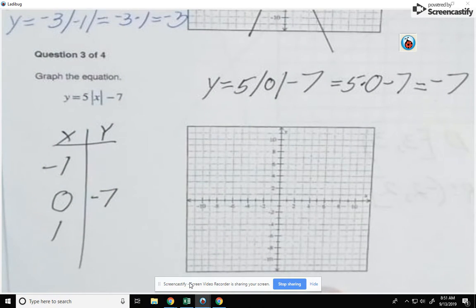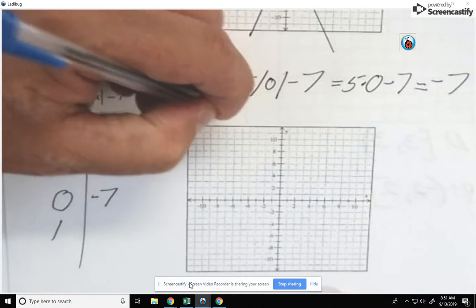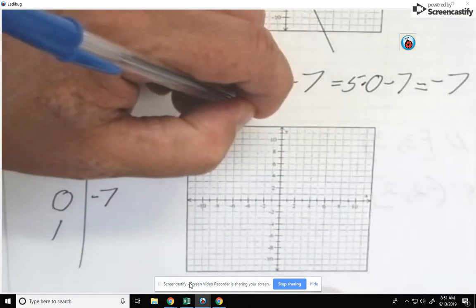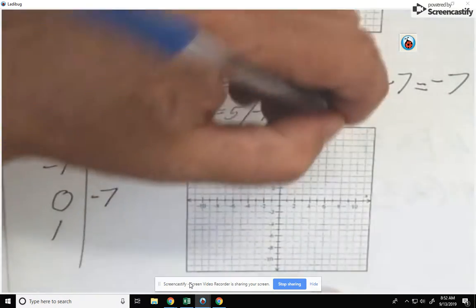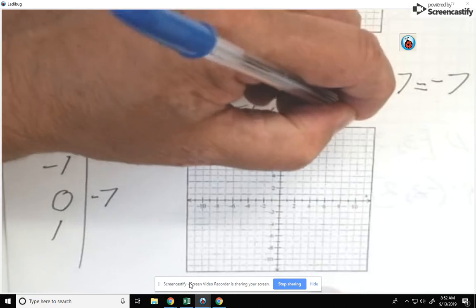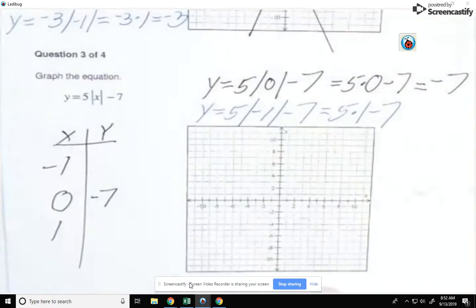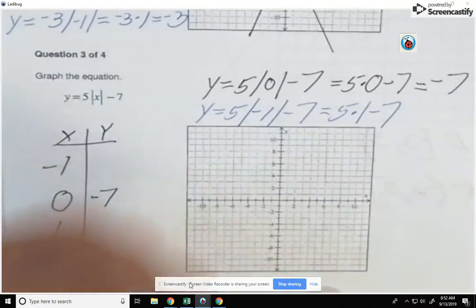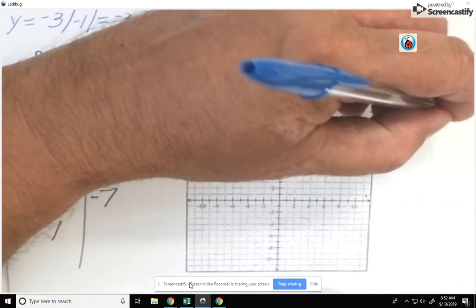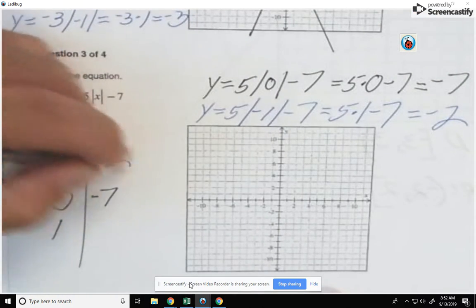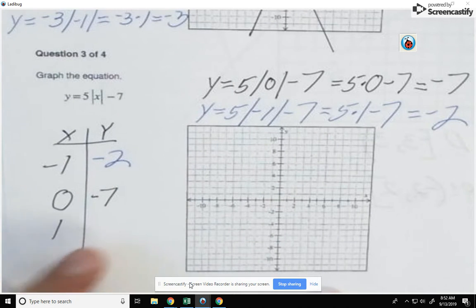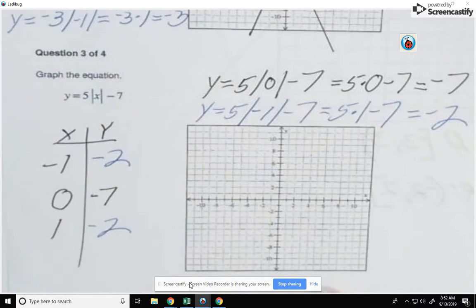If we plug in the negative 1, we get y equals 5 times the absolute value of negative 1 minus 7, which gives us 5 times 1 minus 7, which, of course, will become negative 2. So this one's negative 2, therefore this one is negative 2.